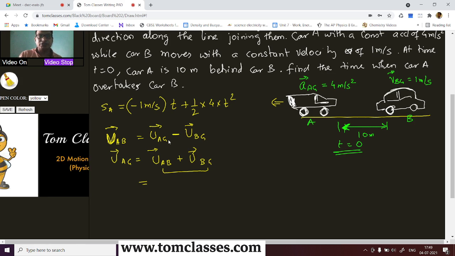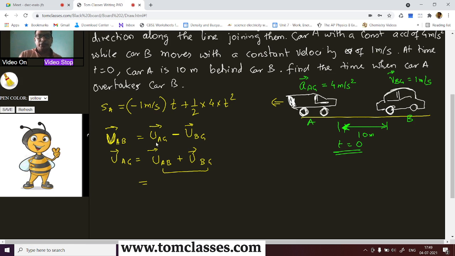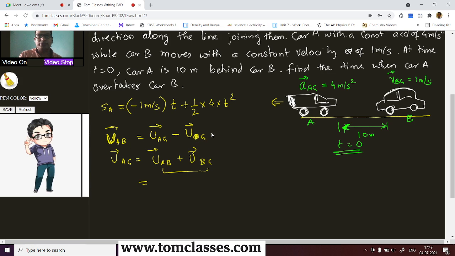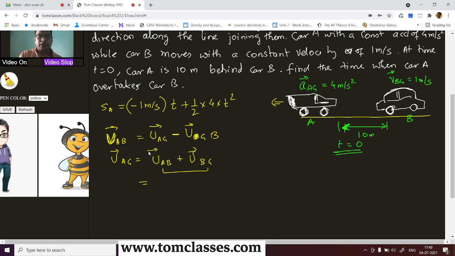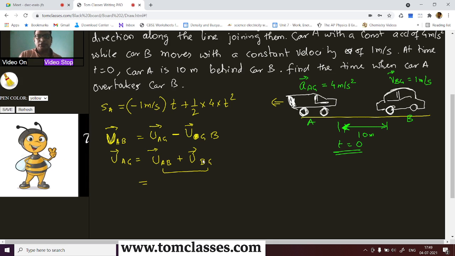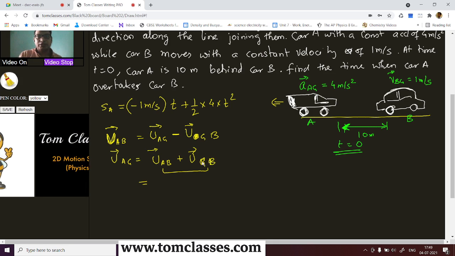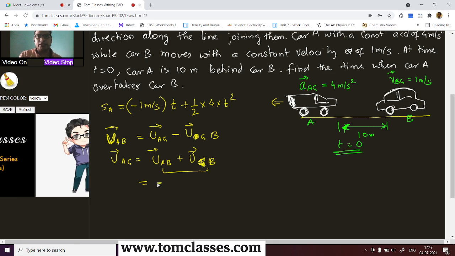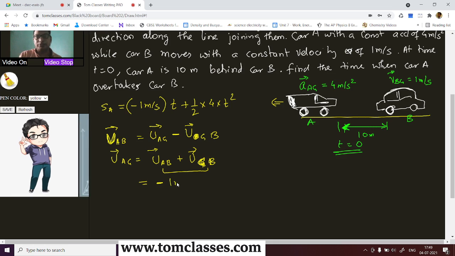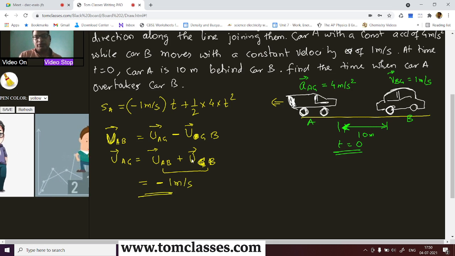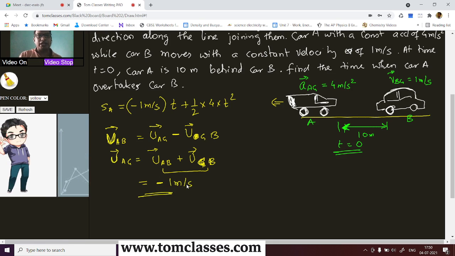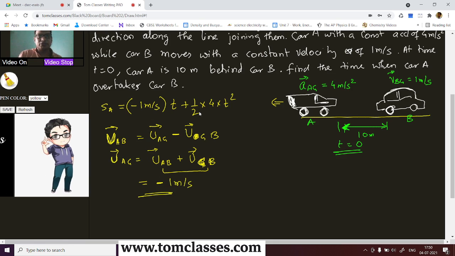Check this, velocity of A G minus G B it is going to be. So if I take this side, it will be G B. Okay, so this is 0. So this will be minus 1 meter per second. So the relative velocity of A with respect to B is minus 1 meter per second, and that is what it is.